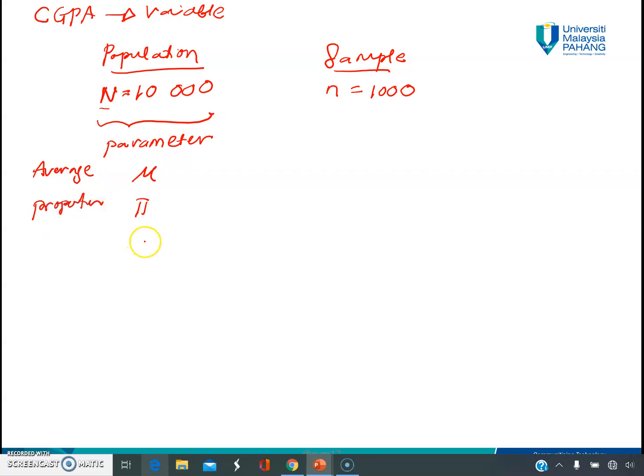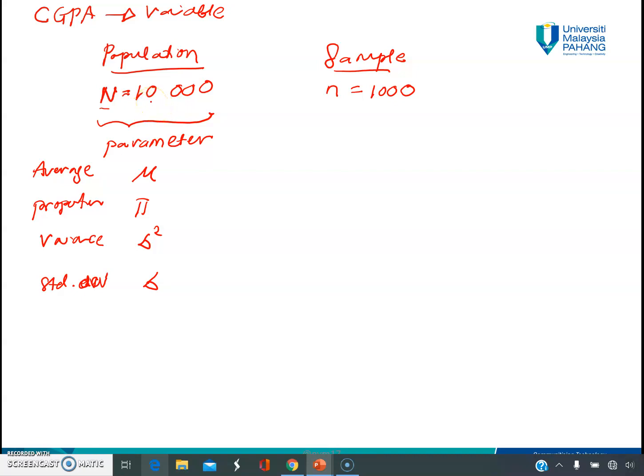Then we have the variance, which is sigma square. And then we have sigma, which is the standard deviation. All these are parameters, which you calculate from the population.